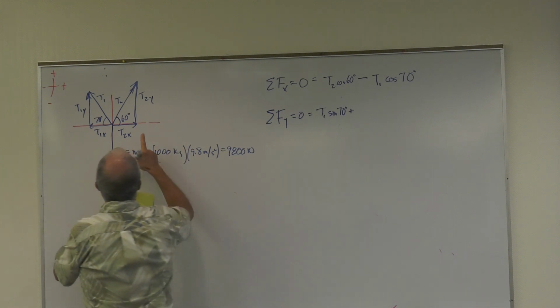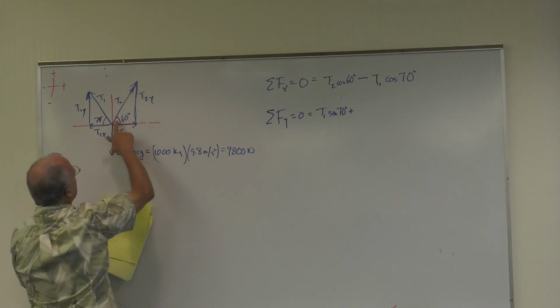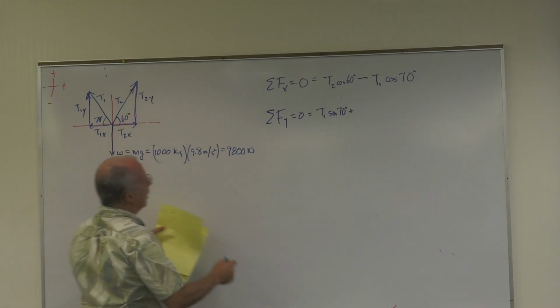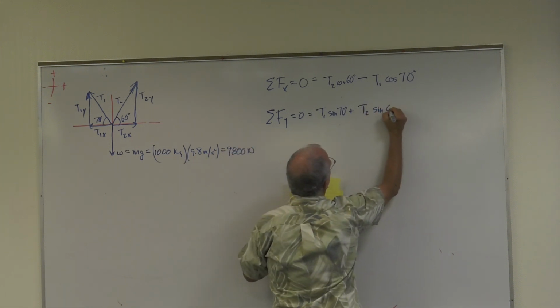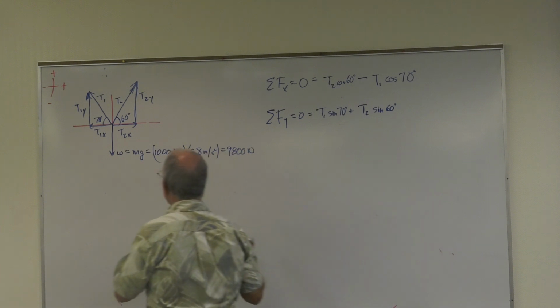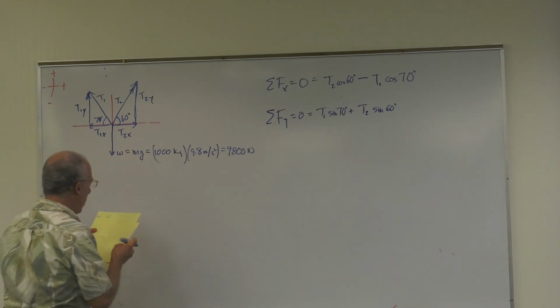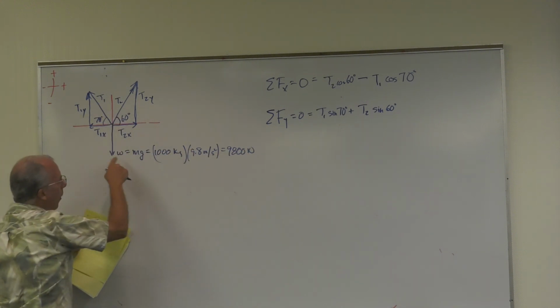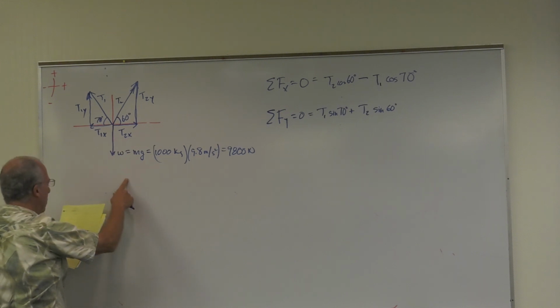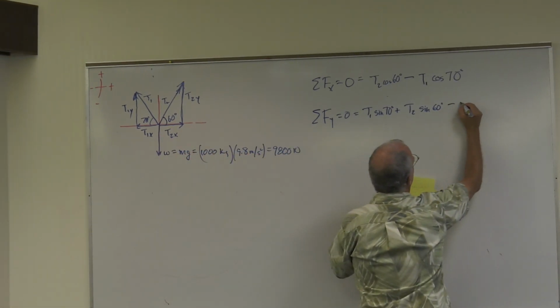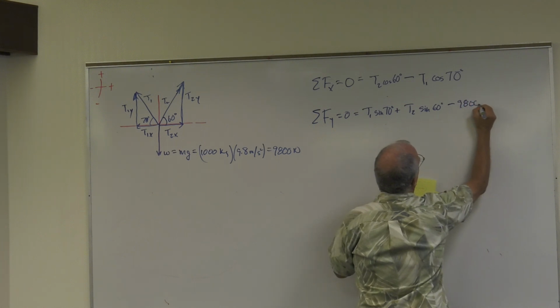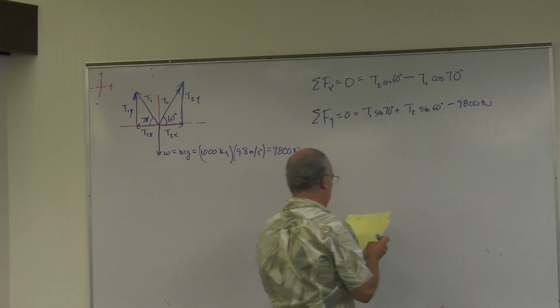And we have T2y, which is T2 sine 60. Don't forget the weight, right? Minus the weight, which is 9,800 newtons. And that equals 0.